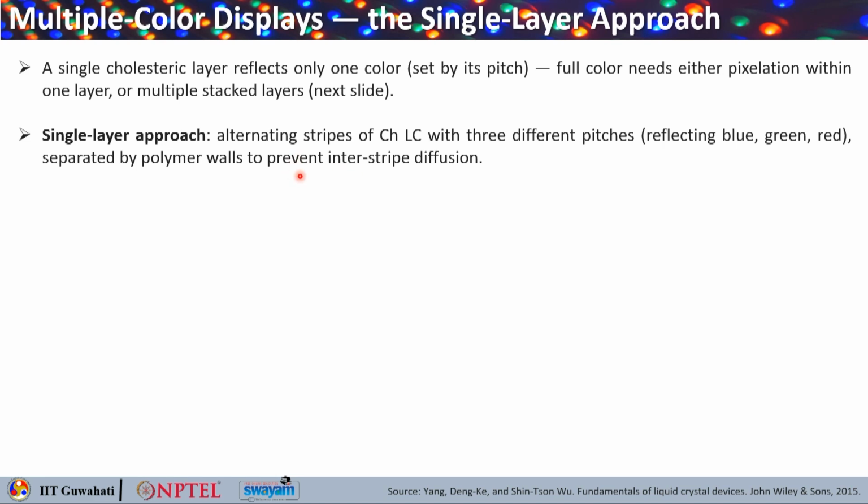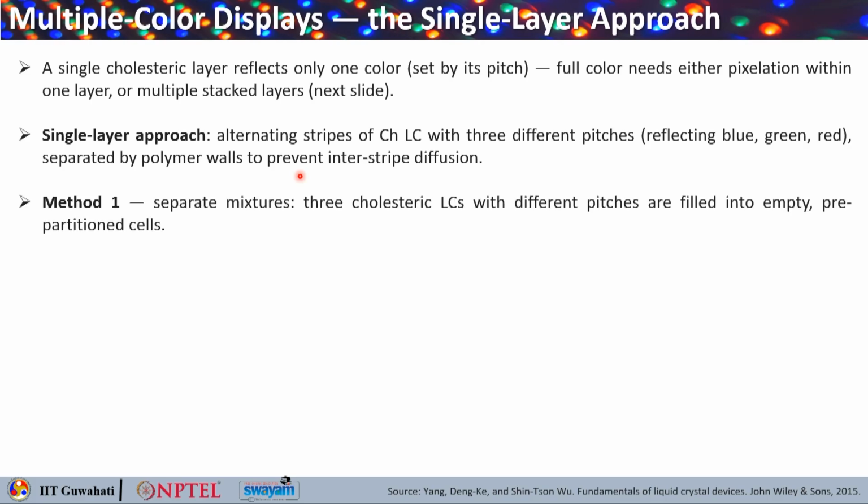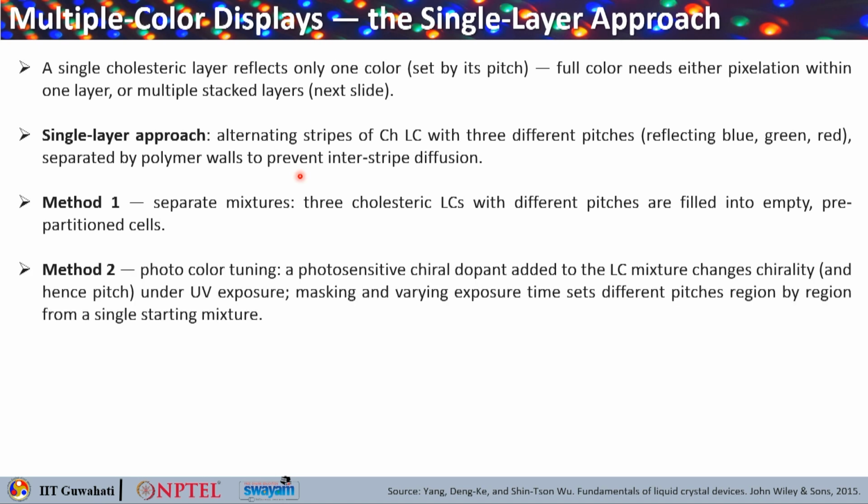You can have alternating stripes of cholesteric liquid crystal with 3 different pitches. Each pitch will be reflecting blue, green and red, and they are separated by polymer walls to prevent interstrip diffusion. The first method could be to separate the mixtures. You take 3 cholesteric liquid crystals with different pitches which are filled into empty pre-partitioned cells.